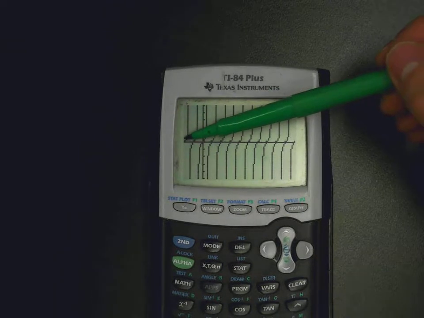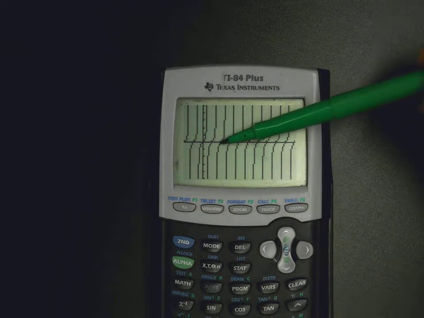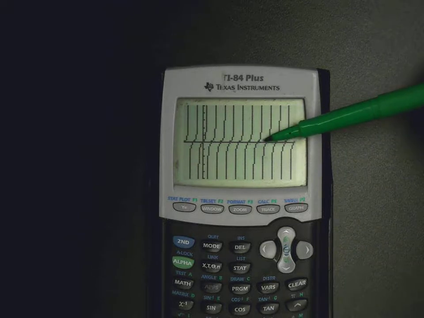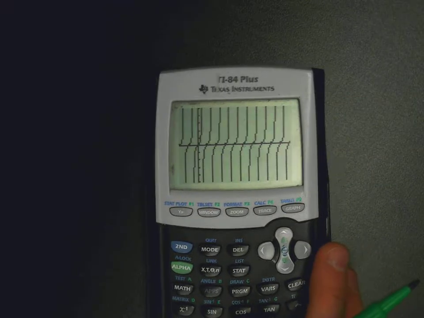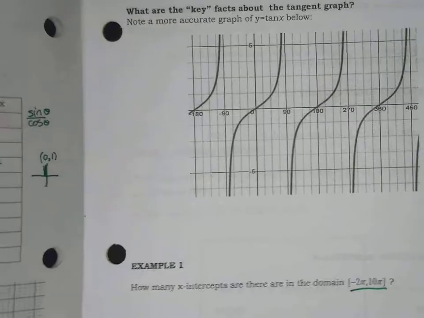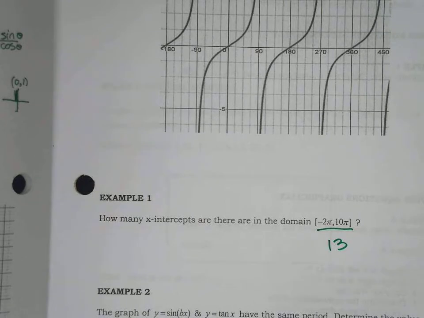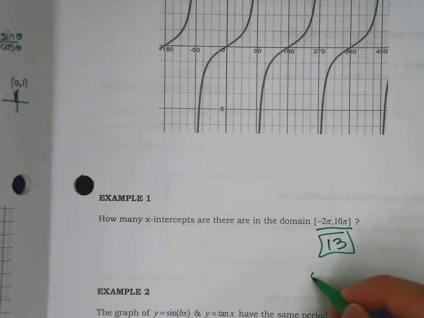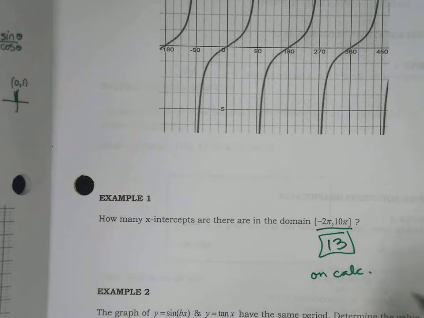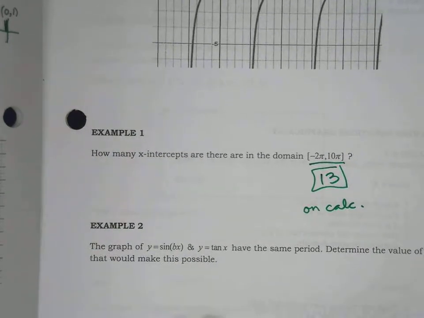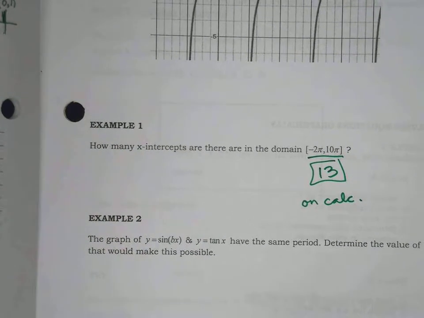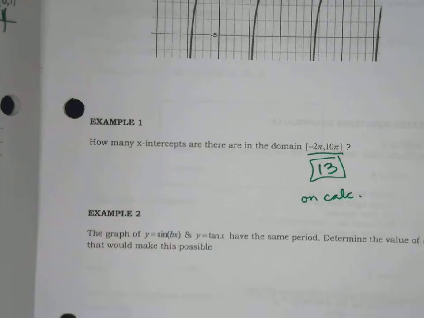So I would count 1, 2, 3, 4, 5, 6, 7, 8, 9, 10, 11, 12. I would say there are 13 x-intercepts. And this is based on a visual in our calculator. So the calculator is a good way of giving us a tan graph, especially if we're looking at bigger domains.